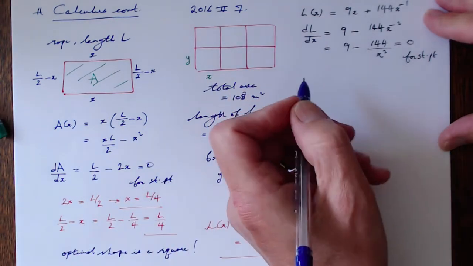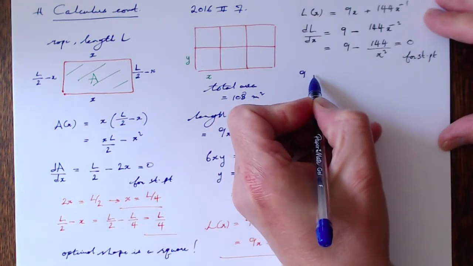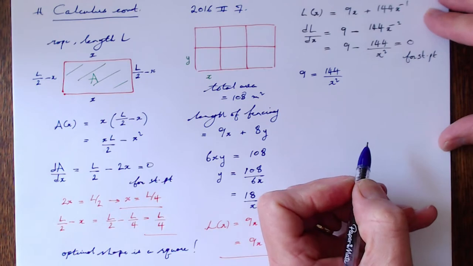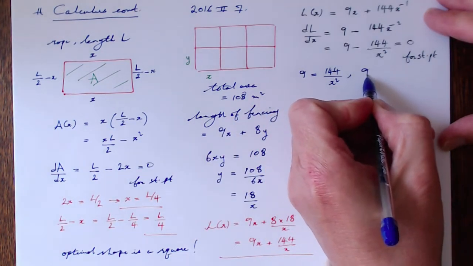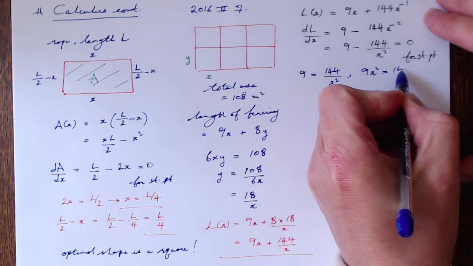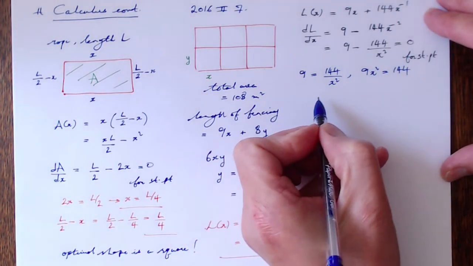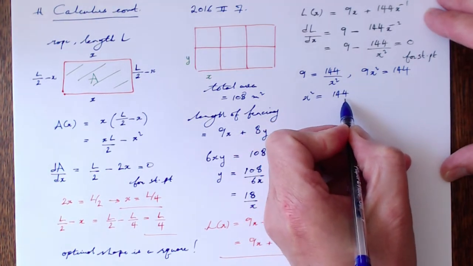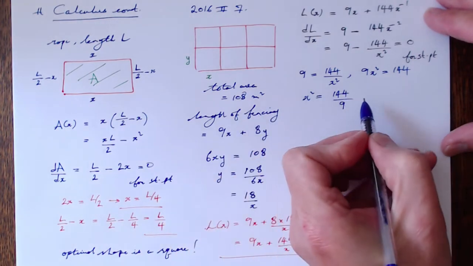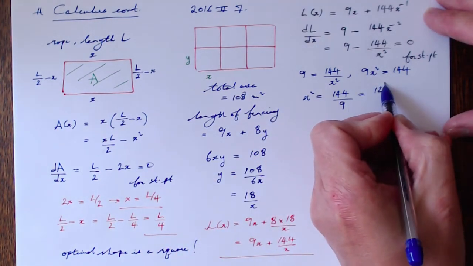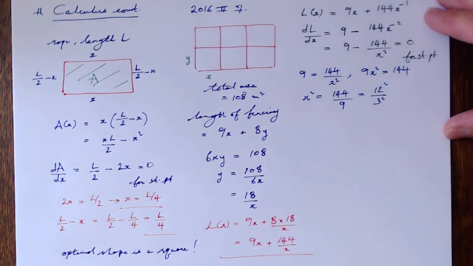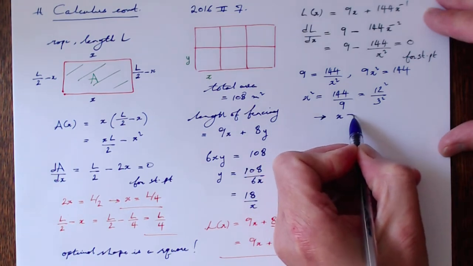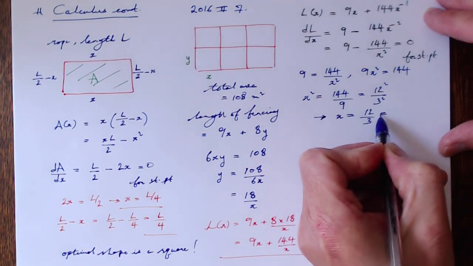So we want to solve the equation that 9 is equal to 144 over x squared, and multiplying through both sides by x squared, we have that 9x squared is 144. Then dividing by 9, I have that x squared is 144 divided by 9, which of course I can recognize is 12 squared divided by 3 squared, and this means then that x will be equal to 12 divided by 3, which is equal to 4.